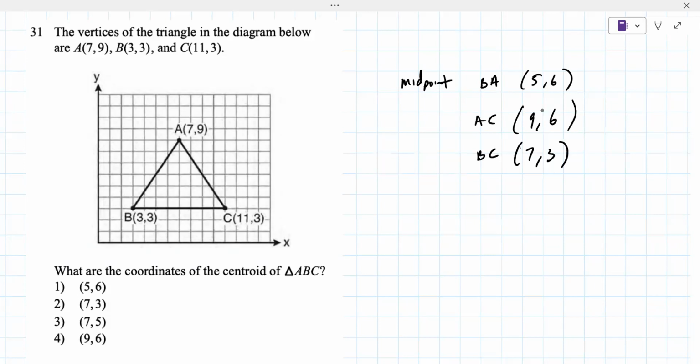Okay, so 5,6. I'll use a different color here, red. So the idea is that you connect each vertex to the opposite midpoint. Because I'm doing it by hand, it's not as exact, but right there is the centroid, that big fat dot.